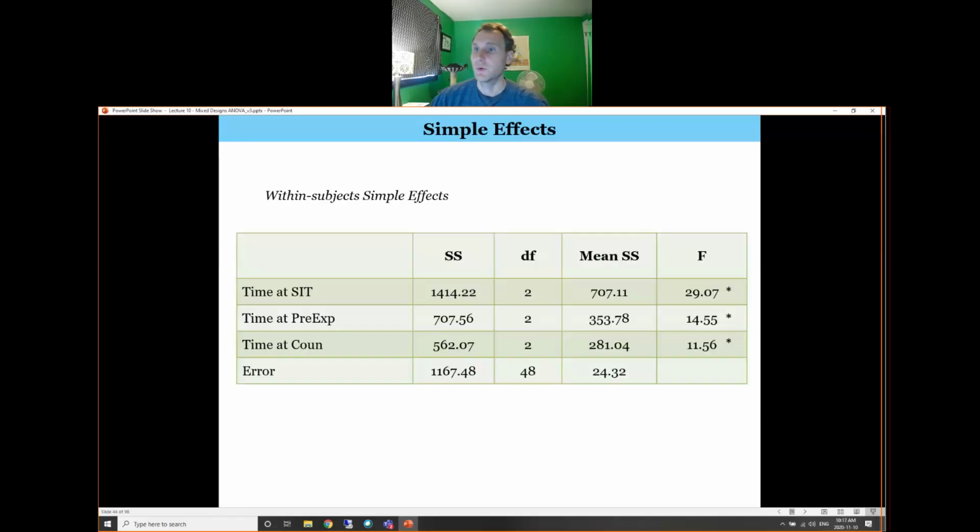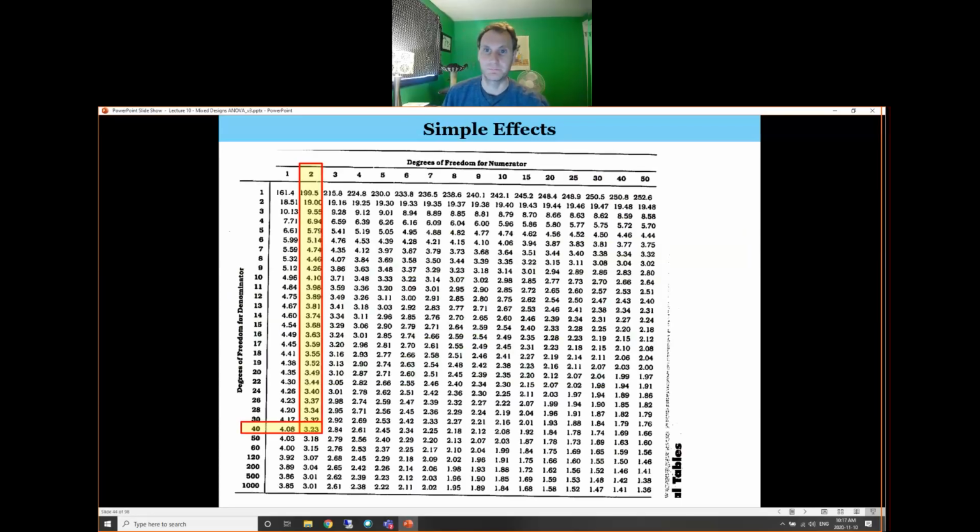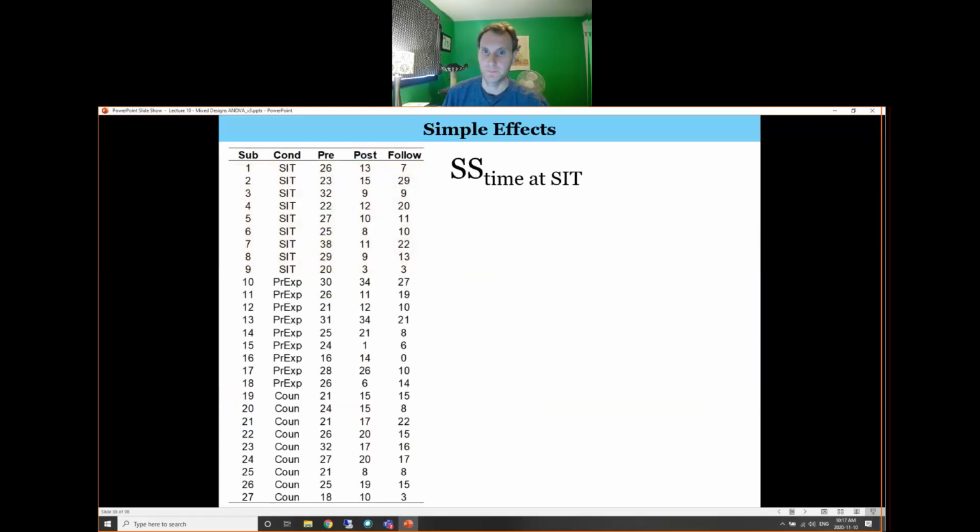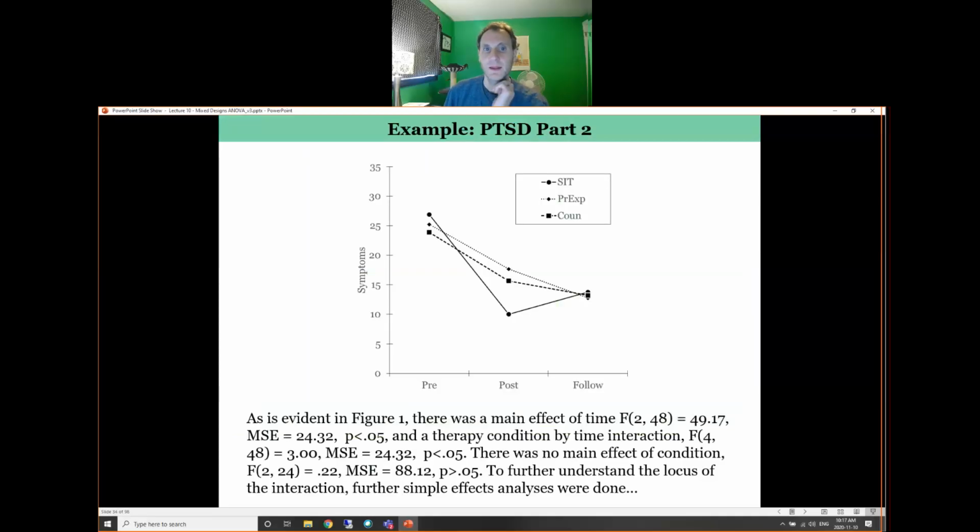Recall, we could then do additional follow-up tests. I'm going to go back to the figure. Within each of these lines, there is a change over time. But let's just look at the solid line here, this solid circle line. Is the pre different than the post? Probably. That looks like the biggest change, but we haven't tested that yet.